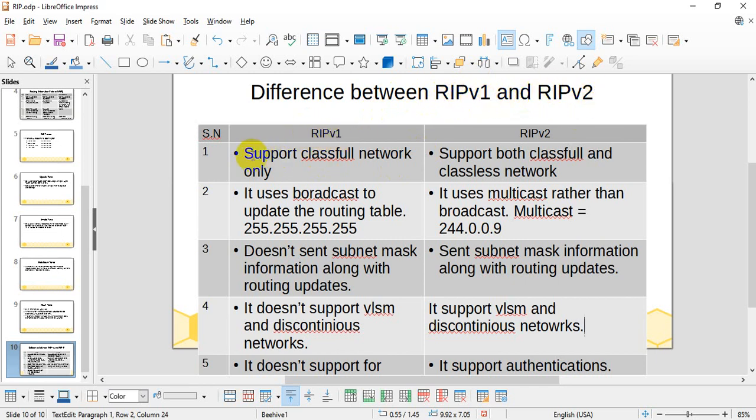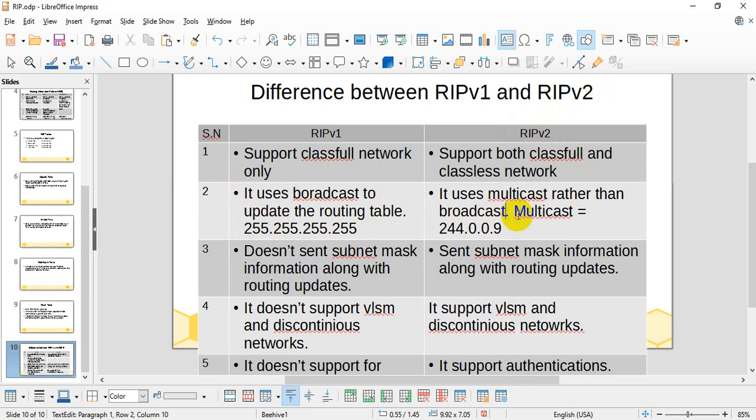RIP version 1 supports the classful network, but RIP version 2 supports both classless and classful networks. And RIP version 1 uses broadcast to update the routing information, and the broadcast address will be 255.255.255.255, and RIP version 2 uses multicast rather than broadcast to update the routing table.